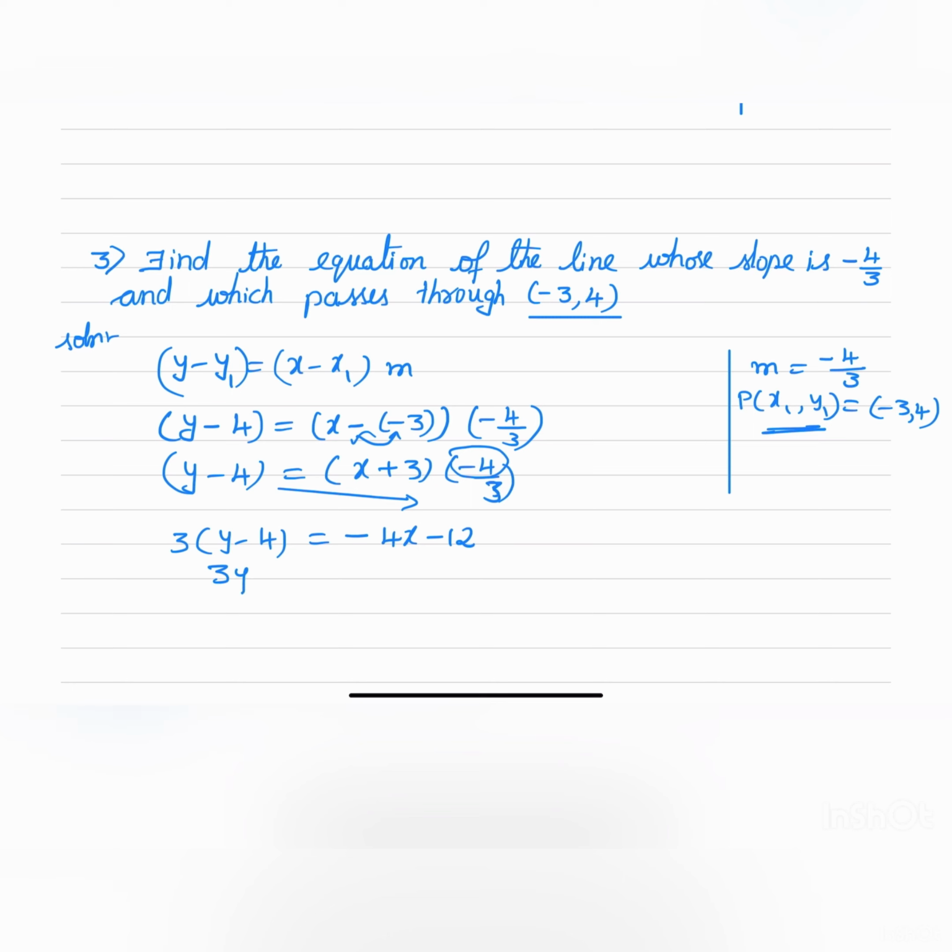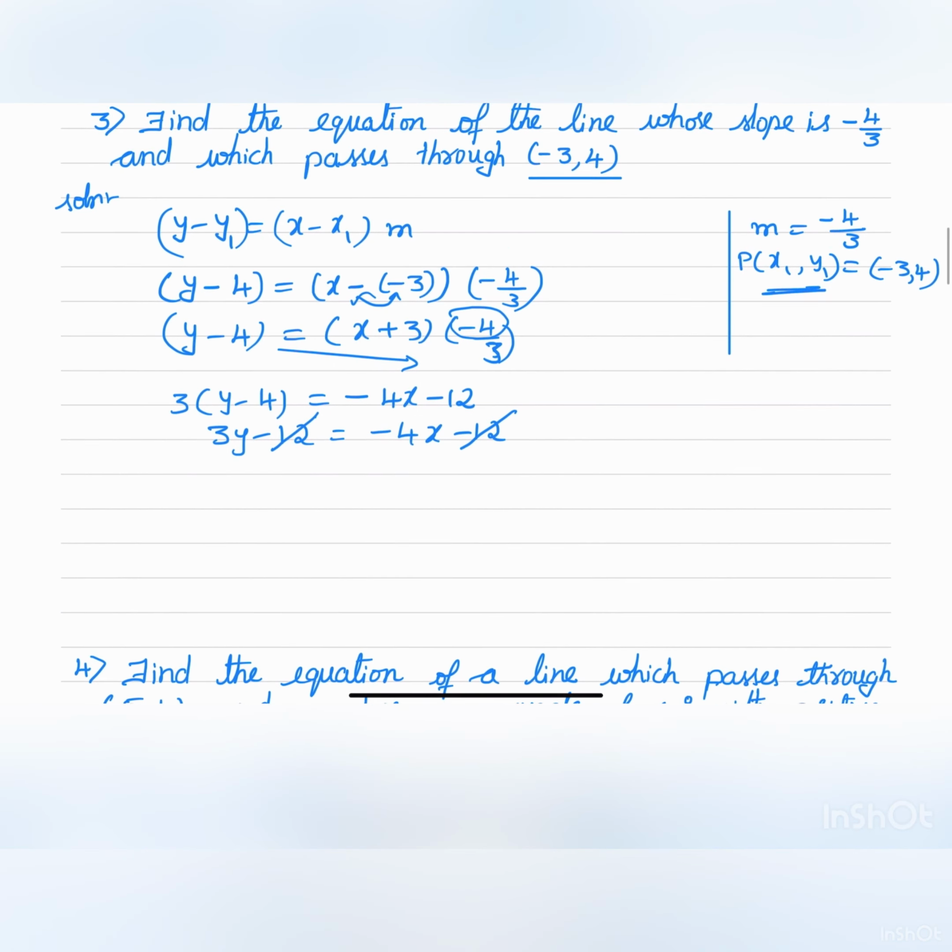So 3y minus 12 is equal to minus 4x minus 12, and we can cancel minus 12 on the left-hand and right-hand sides. We will get 3y is equal to minus 4x, or if we transpose minus 4x to the left side, 4x plus 3y is equal to 0. This is the required equation.